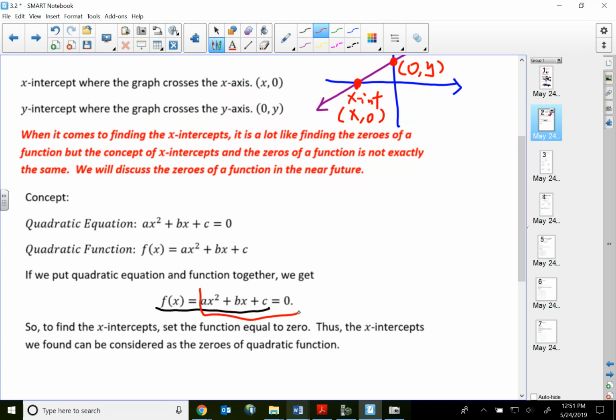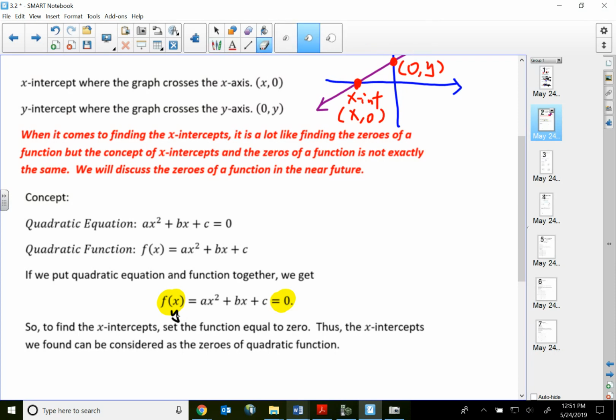From here to the equal to 0 is the equation. So if f of x equals this and this equals 0, that means f of x is equal to 0. And remember, f of x is just a replacement for y. So what we are saying here is y is equal to 0.